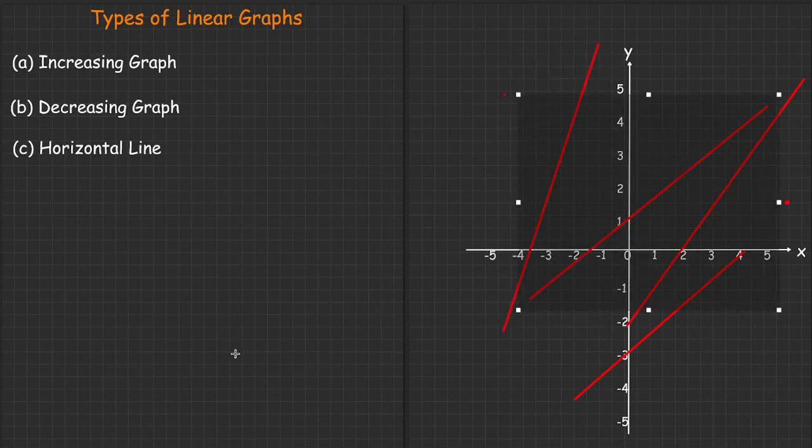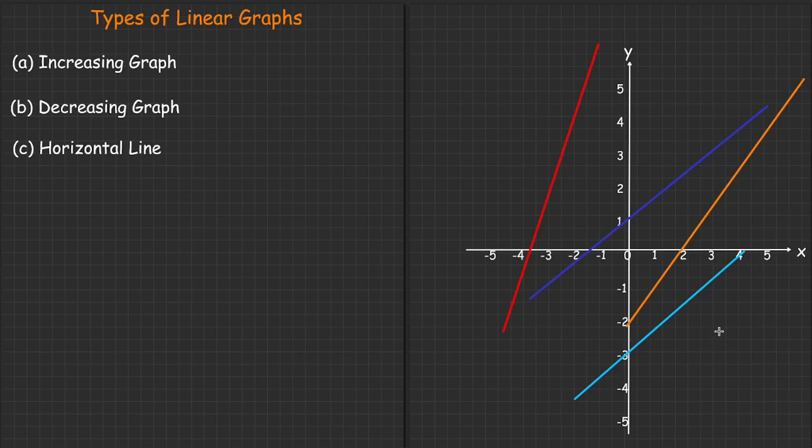So this slopes upward from left to right. We have this, which also slopes upward from left to right, and then this as well. Now, as the value of x increases, the y also increases.